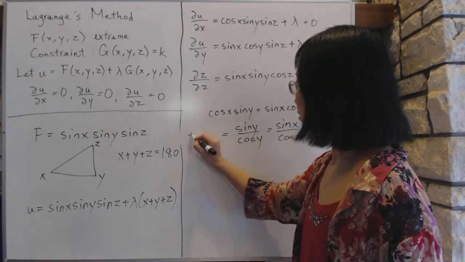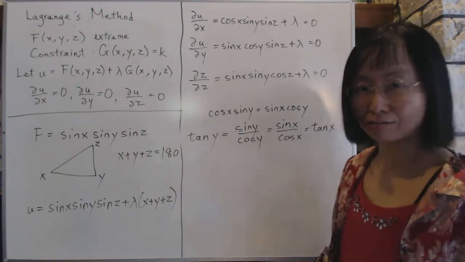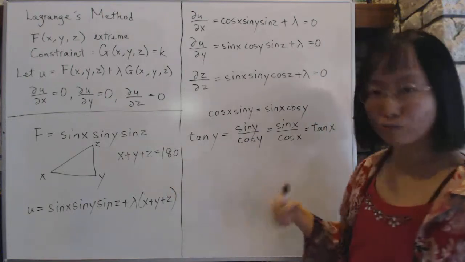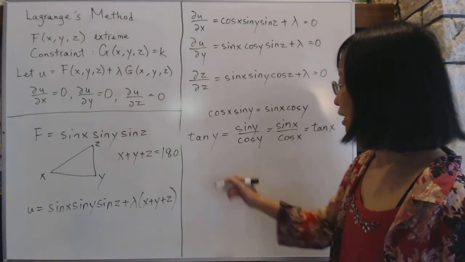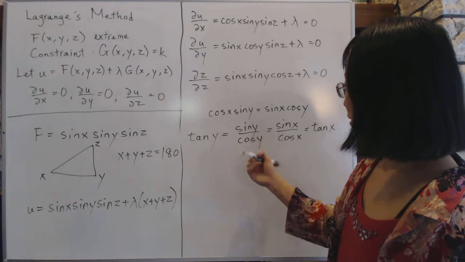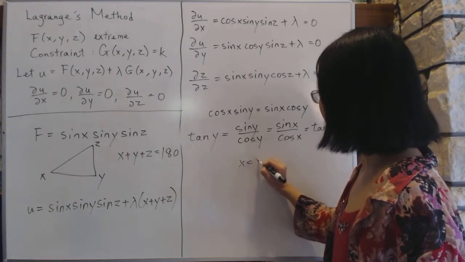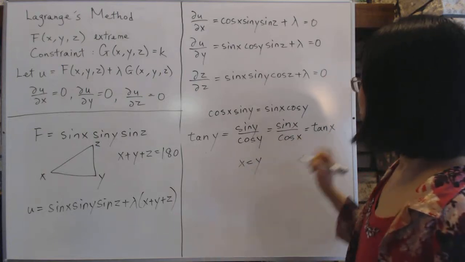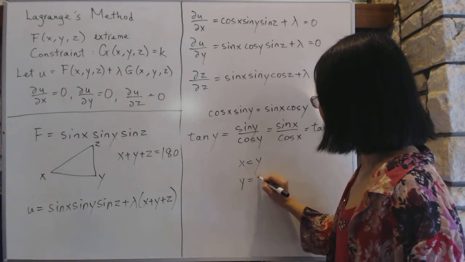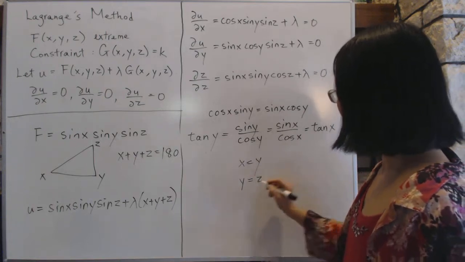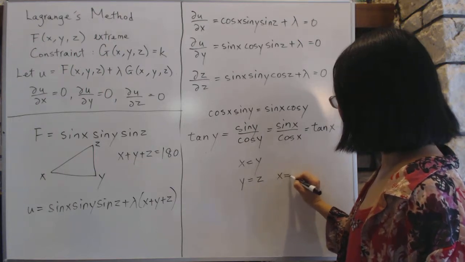And we know that the tangent function, considering from 0 to 180 degrees, is a one-to-one function from 0 to 180. So that means x equal to y coming out of this, which means, of course, by the same logic, y equal to z because everything is symmetrical, and that means x also equal to z.